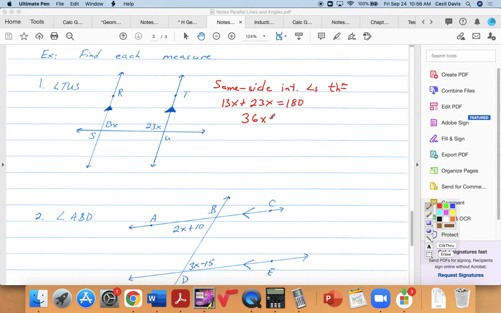So it's 36x is 180. Divide both sides by 36. We get that x is 5. Then the measure of angle TUS will be 23 times 5, which is 115 degrees.